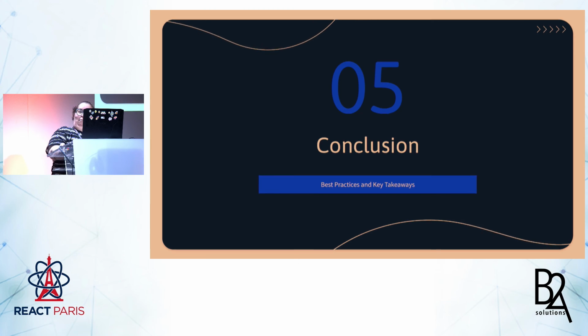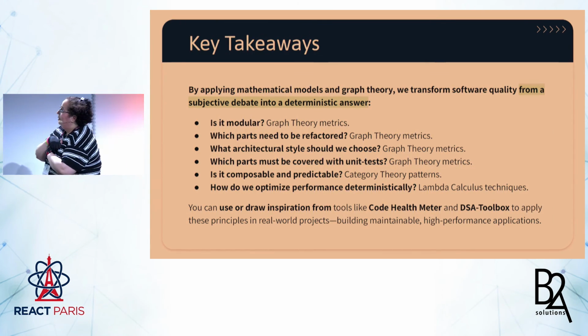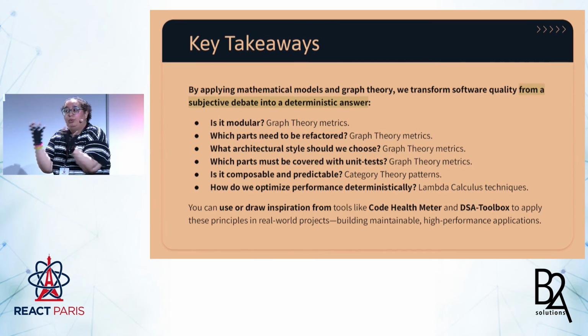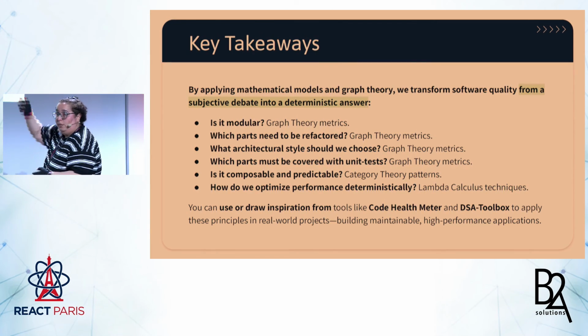The conclusion. So, what we take away, what I shared with you is having a deterministic way to apply mathematical concept in order to have good code, like the deterministic approach of mathematical concept. So when they now ask me, is it modular?